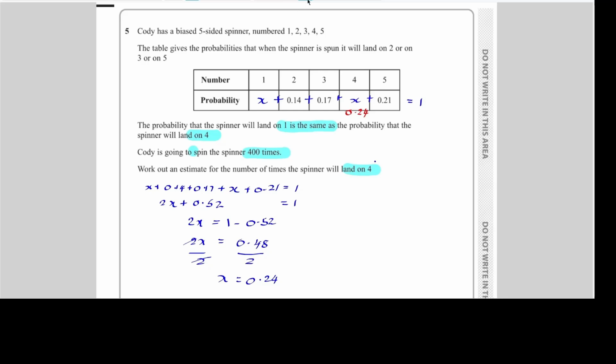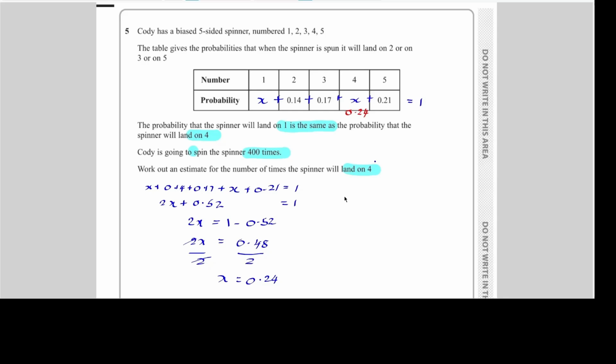Then Cody is going to spin it 400 times. Remember, this table provides the probability for each spin. It means for one spin, the probability is like this.